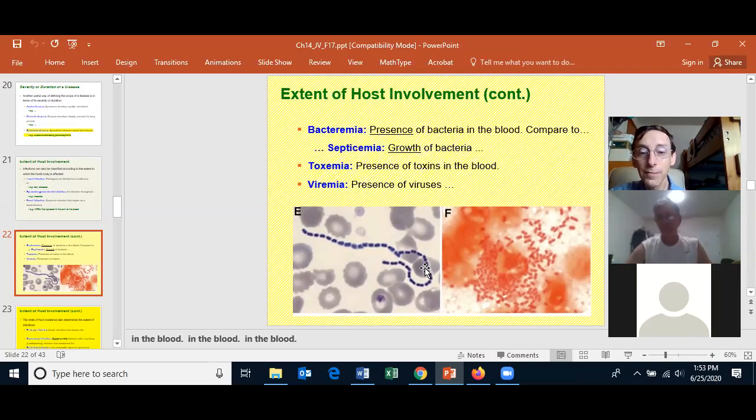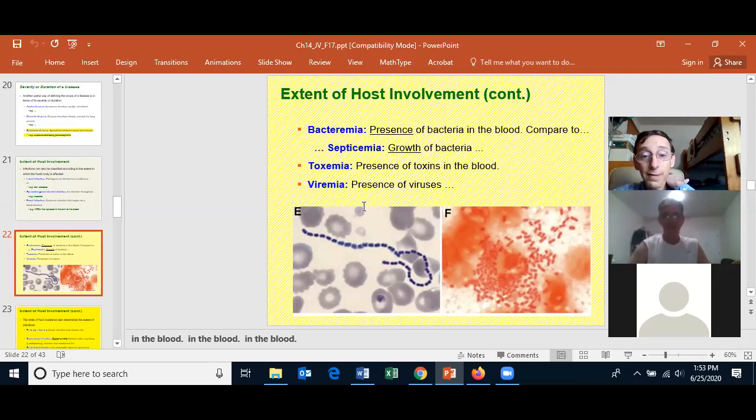On a gram-negative cell, the toxin is not released until the cell dies. So if a patient had a blood infection, meaning they had bacteria in the blood, and then they were given antibiotics which would kill the cells, then we would see toxemia, toxins in the blood. Okay? All right.